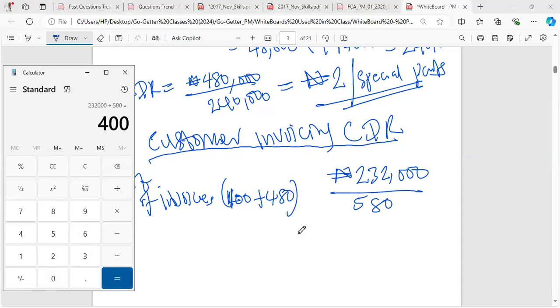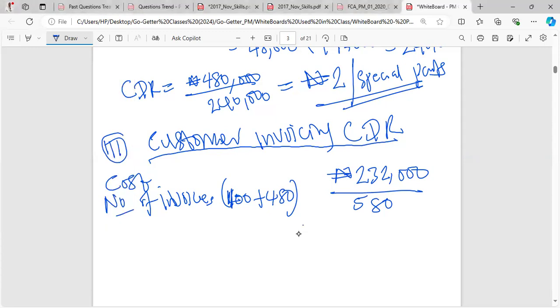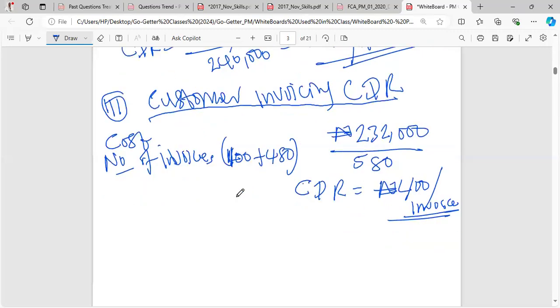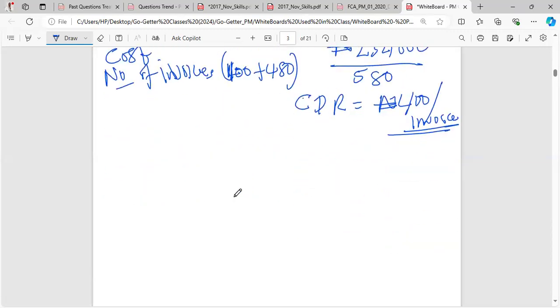So our cost driver rate here is 400 per invoice handling. We go to the second to the last one, which is number 4.